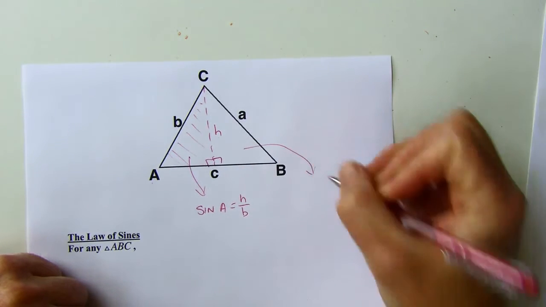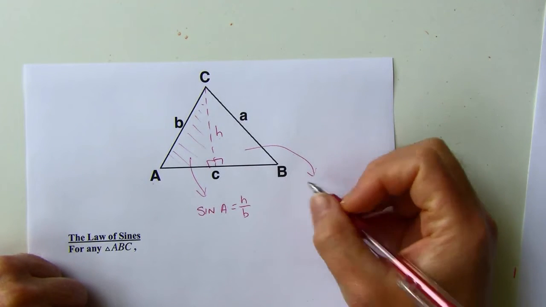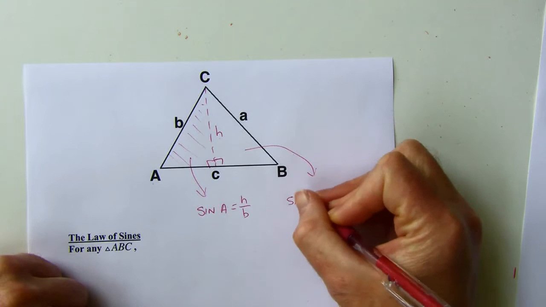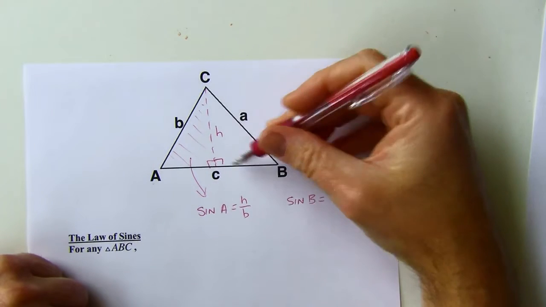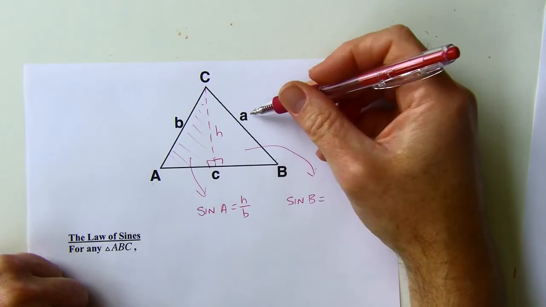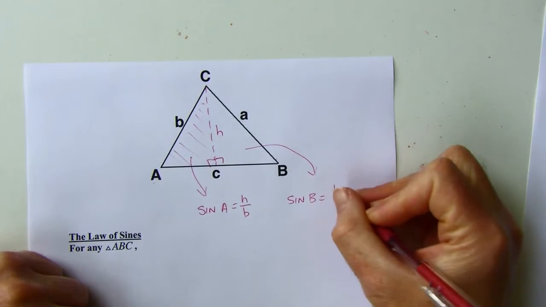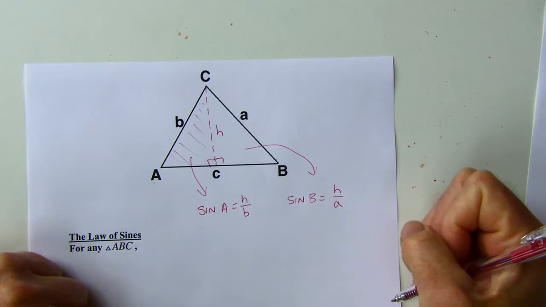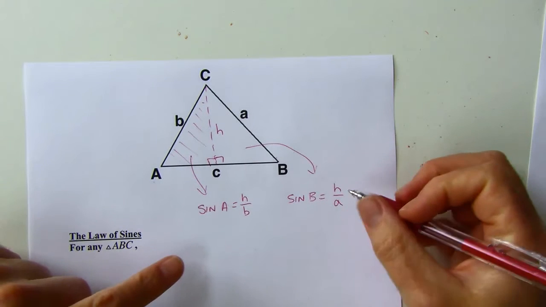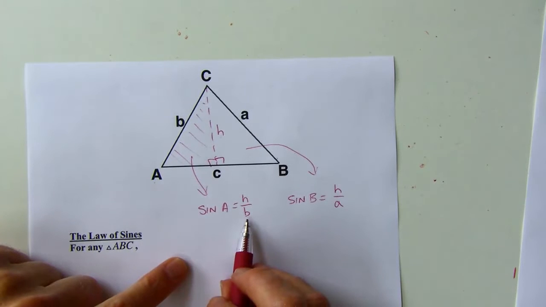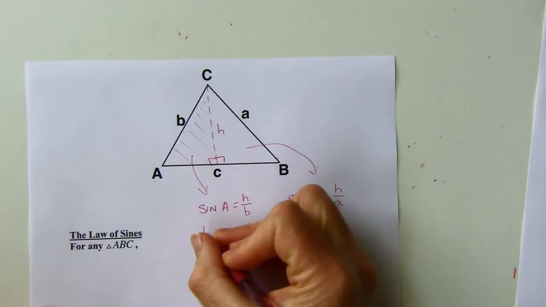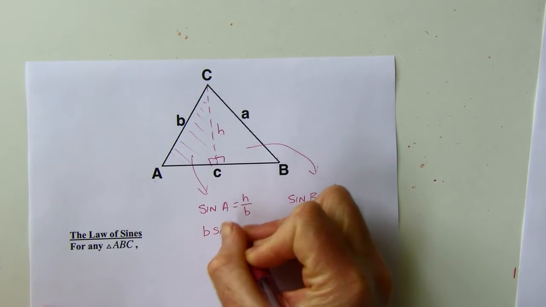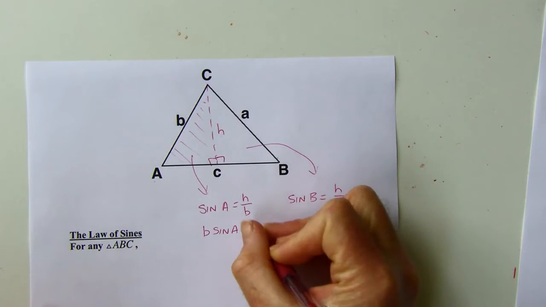Let's do the same kind of thing from B. So if I'm finding the sine of B, that's the triangle on the right, I can use that because it's a right triangle. Opposite is H, and hypotenuse is A, okay? Now, both of these, I'm going to solve for H. If I wanted to solve this for H, I'd multiply both sides by B, and I get B times the sine of A. That's going to equal H, right?